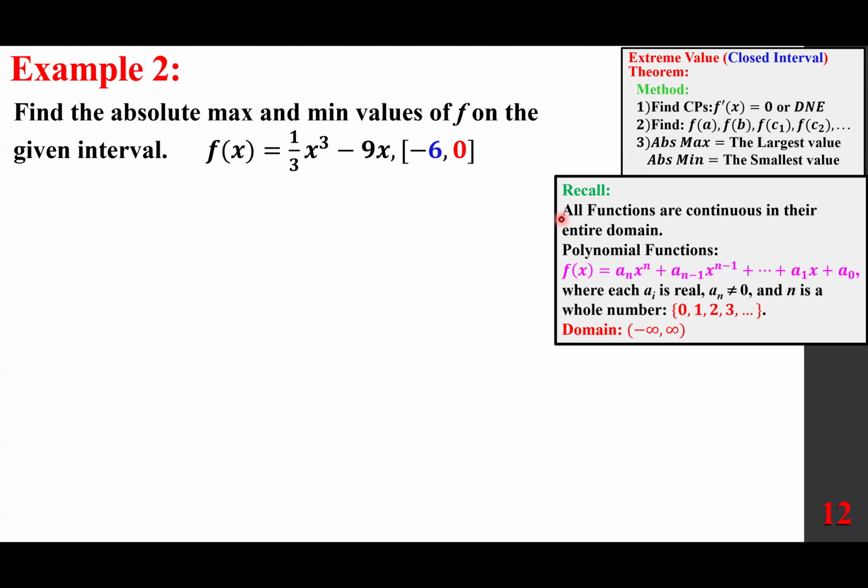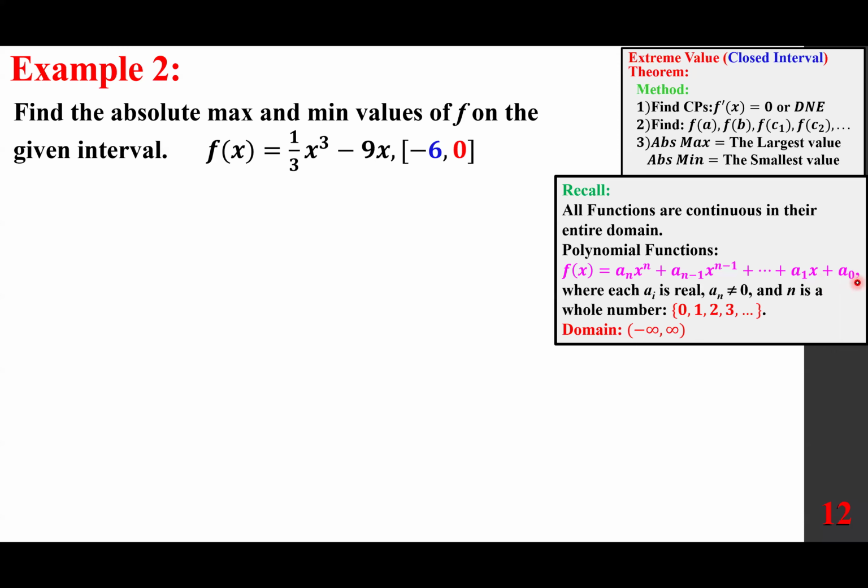And as long as we mention the domain, that means the function is continuous in that domain. That's the meaning of a domain. So in the case of a polynomial, functions are in the form of f of x equals a sub n x to the power of n plus a sub n minus 1 x to the power of n minus 1, plus ... plus a sub 1 x plus a sub 0.